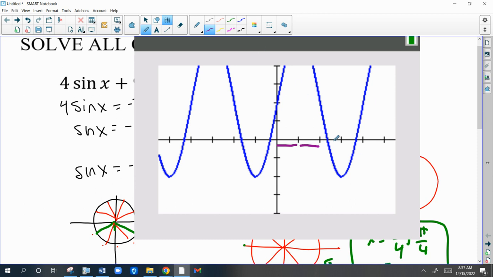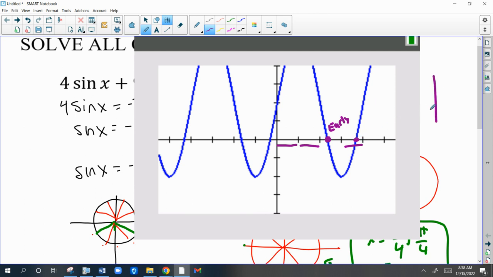The third quadrant, here's one solution, and that's early in the third quadrant because it happens before halfway. And then it goes to the fourth quadrant, and this is late in the fourth quadrant.